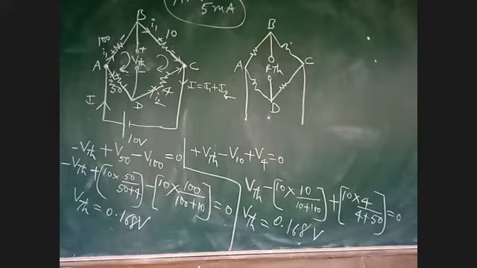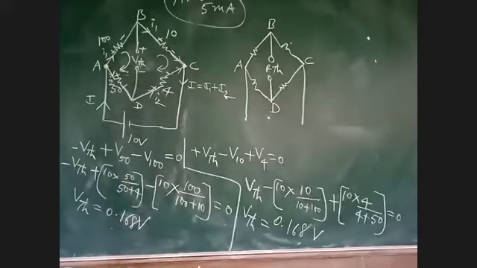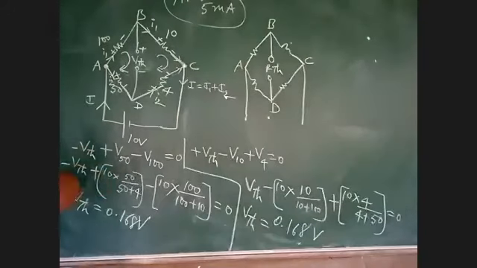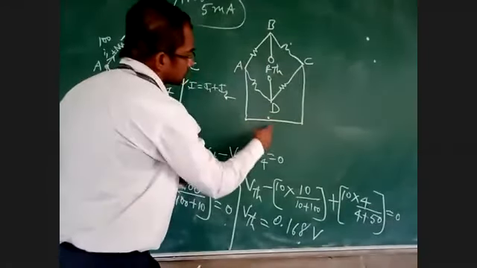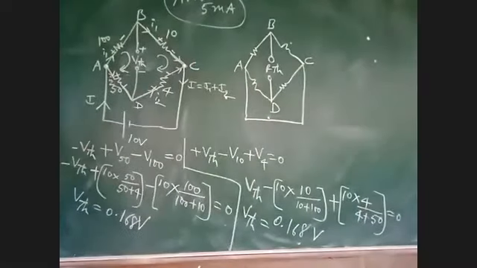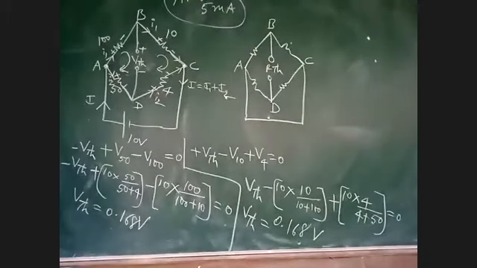All voltage sources will be short circuited. All current sources will be open circuited. Here there is only one voltage source, this 10 volts. I am shorting this 10 volts for determining RTH.